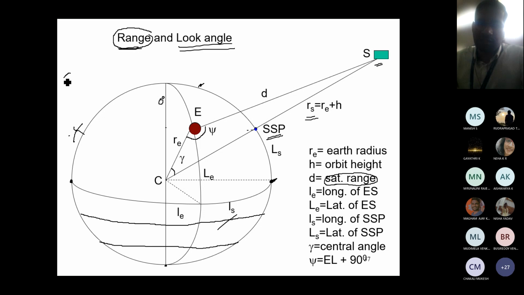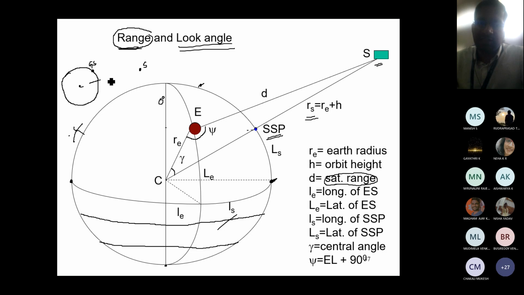Suppose this is the Earth, this is the center of the Earth, and consider this one as your ground station, and the satellite is located here.